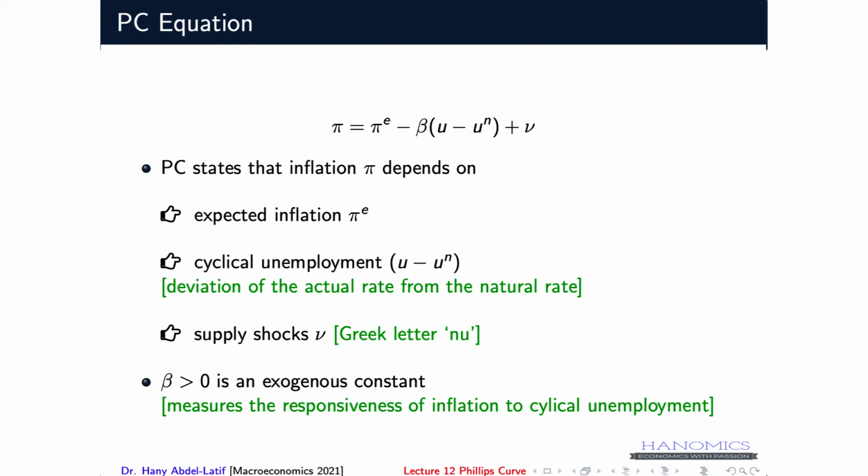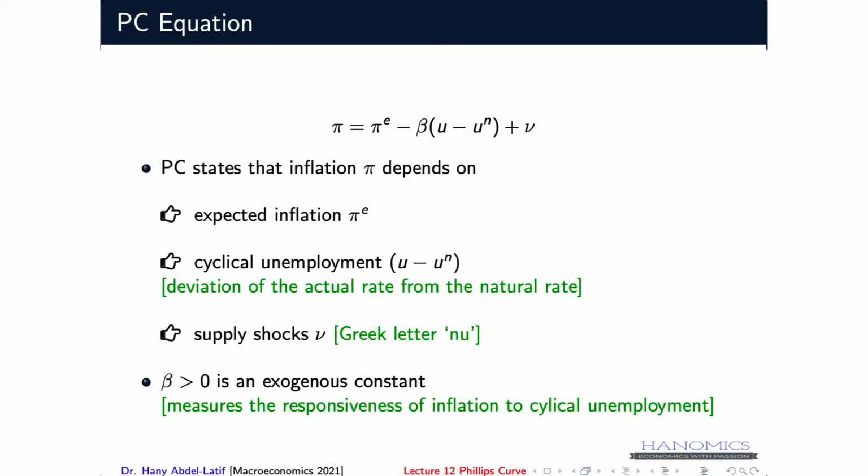This is what is now called the Phillips curve, and it tells us that the inflation rate pi depends on expected inflation. So now we have expectations, remember? We said it's important to consider expectations when you discuss the Phillips curve, which we call the expectation-augmented Phillips curve, or the modified Phillips curve.